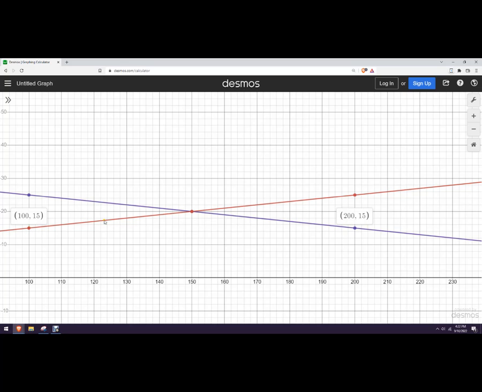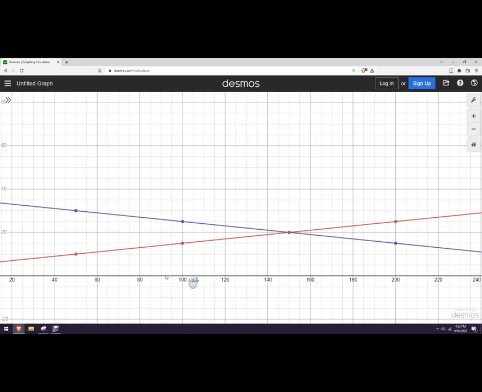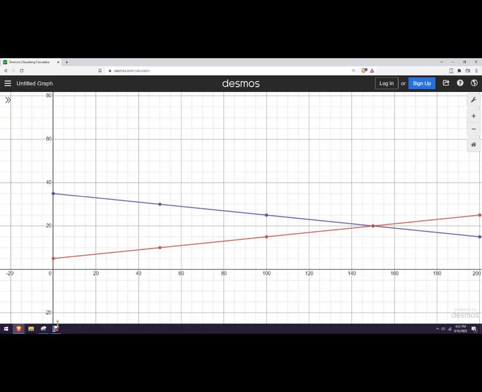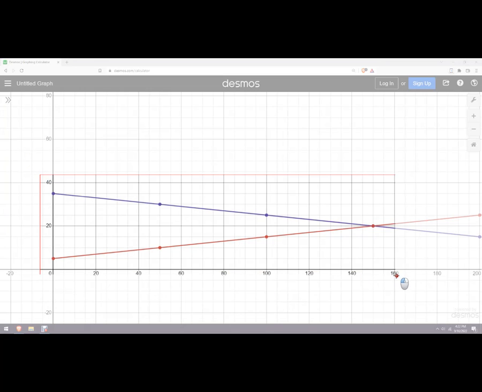This leaves us with a shortage of 100 units. So if they raise the price, they will lessen the shortage, and eventually we can get back up here to equilibrium.